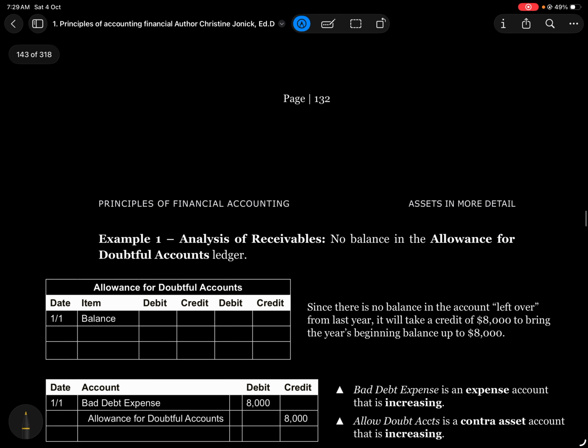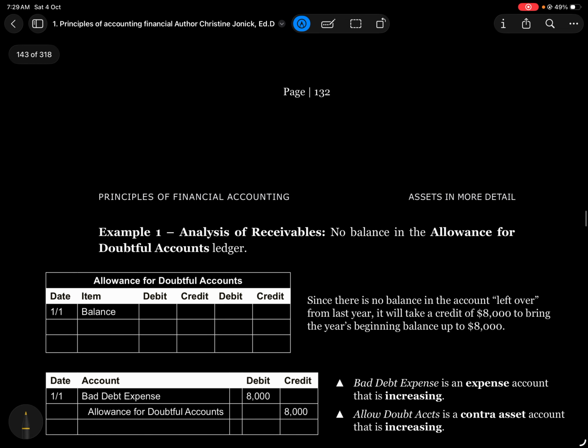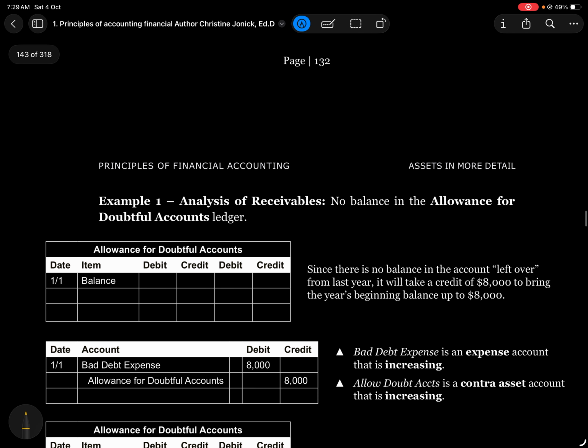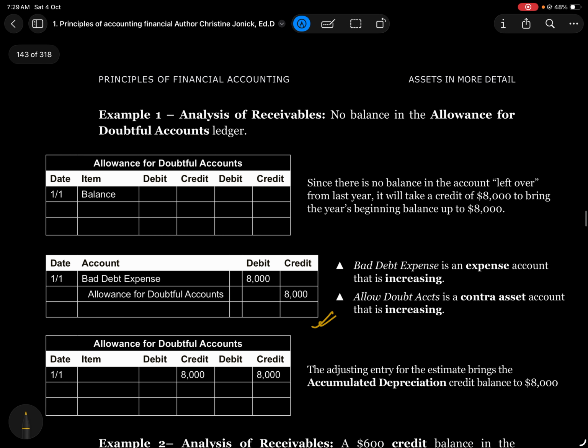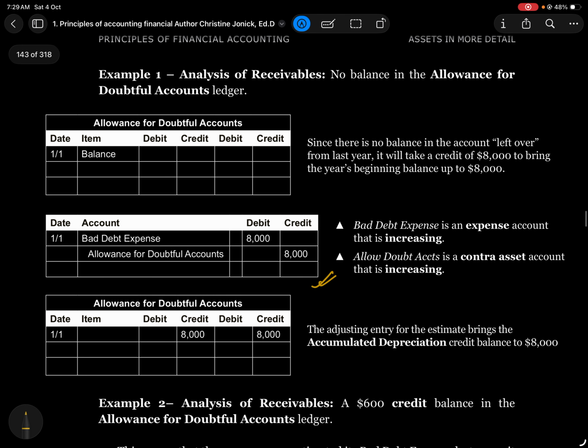Normally it's based on past practices. Suppose we expect it to be 8,000, so allowance will be 8,000.